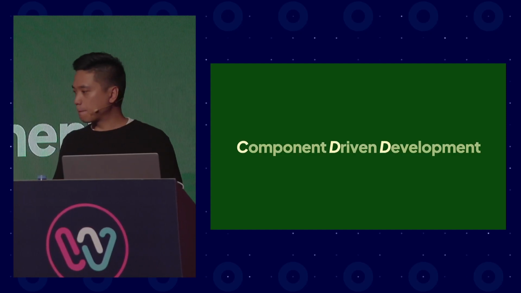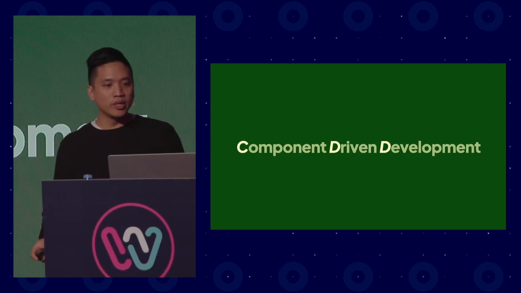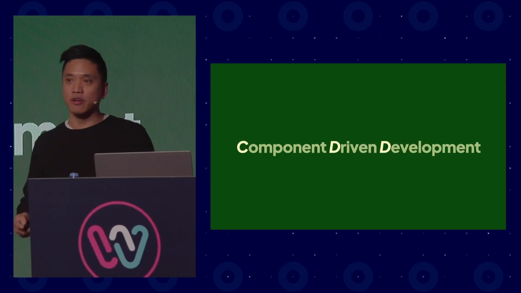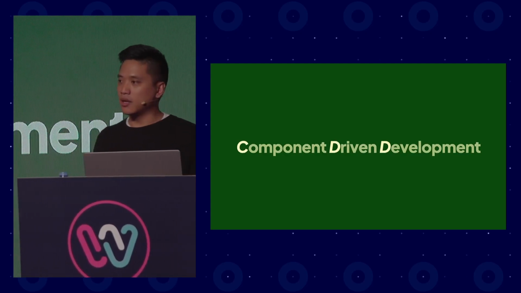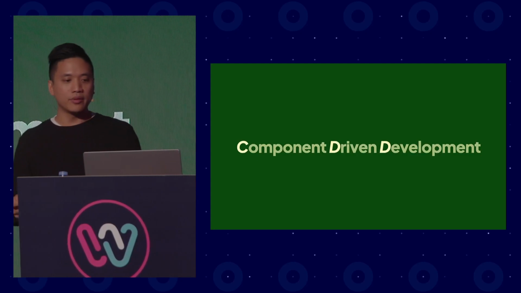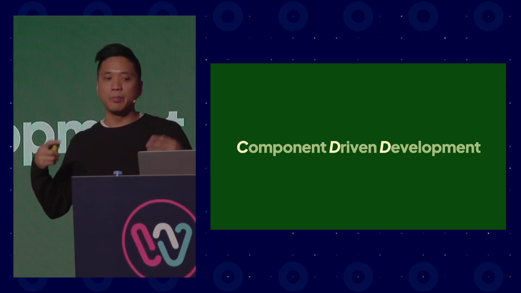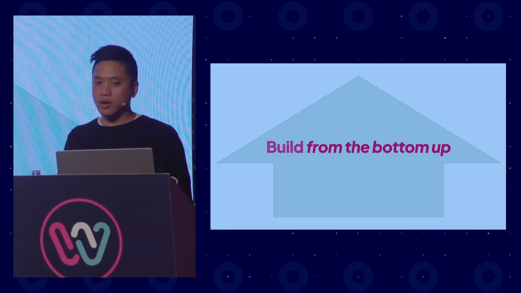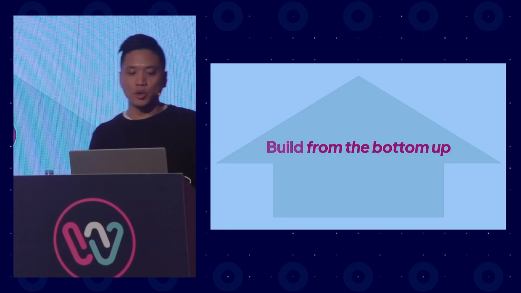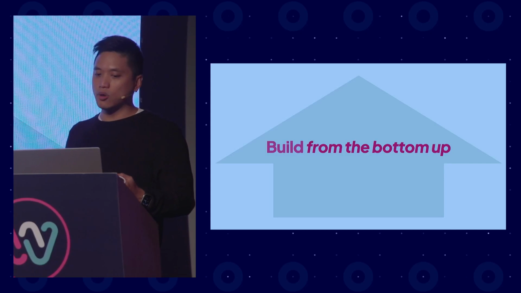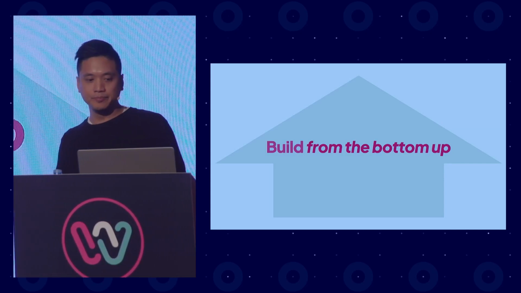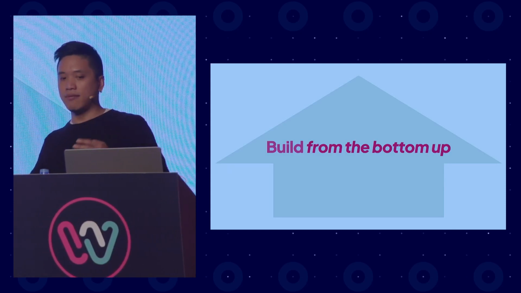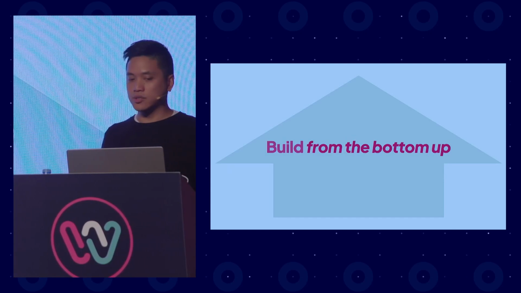So CDD, component-driven development, is a common development process and strategy of building components. It's a development strategy that anchors the build process around components. So it's a process that builds UIs from the bottom up by starting at the level of components and ending at the level of screens or pages.